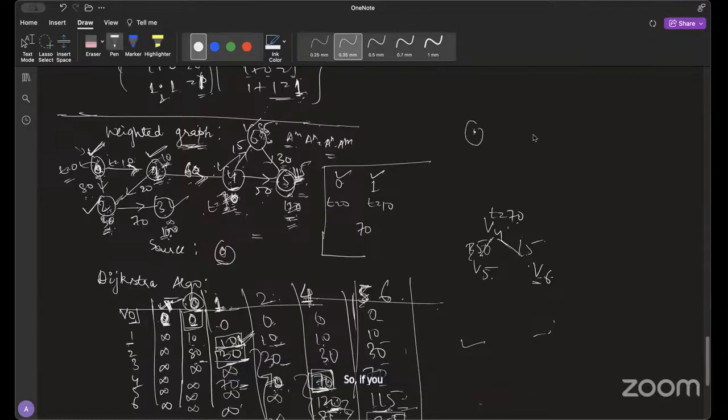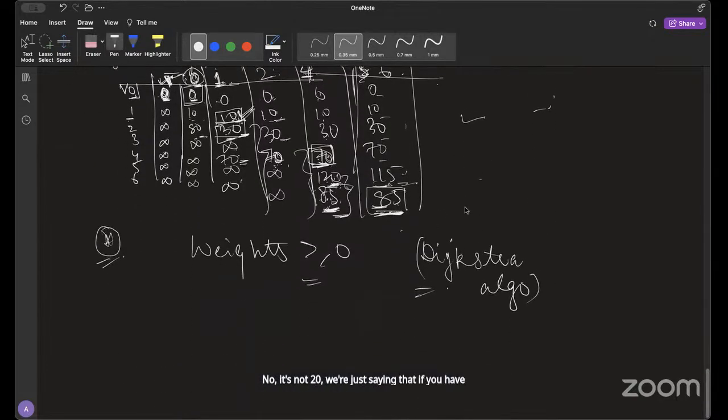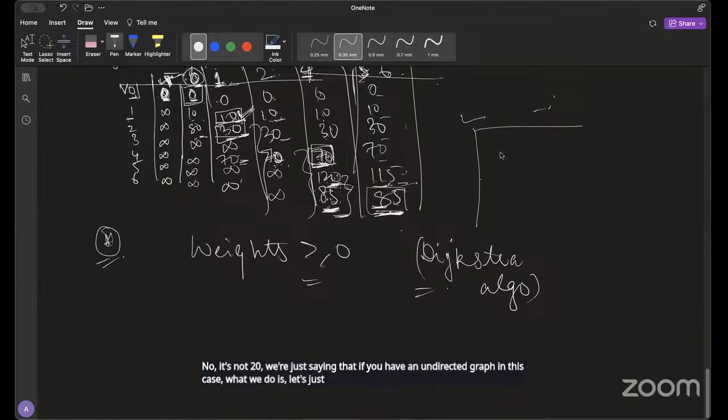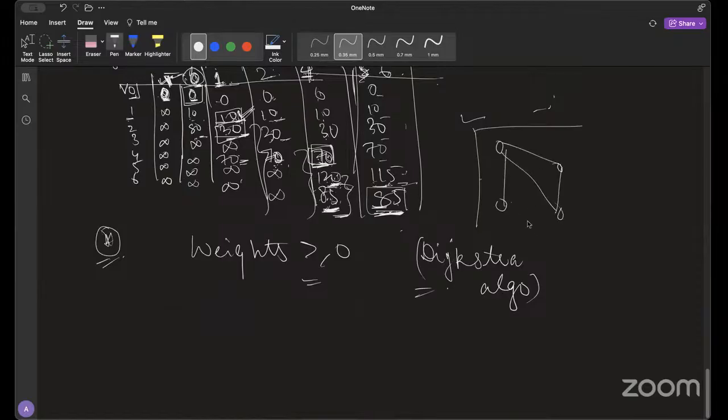So if you see something like this thing, let's just say in that case, 0 to 1, it is 20. No, it's not 20. We're just saying that if you have an undirected graph in this case, what you do is, let's just say you have this. Then we consider it to be from here to here and here to here as well.